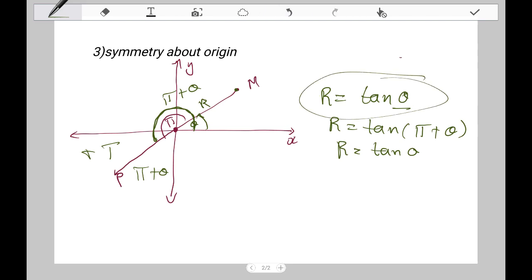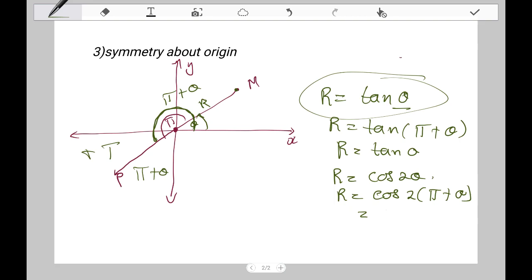So let's consider the last one. Let's say you have r is equal to cos of 2 theta. Then r is equal to cos of 2 open bracket pi plus theta. You are replacing theta with pi plus theta to check whether the equation is symmetric about the origin or not.